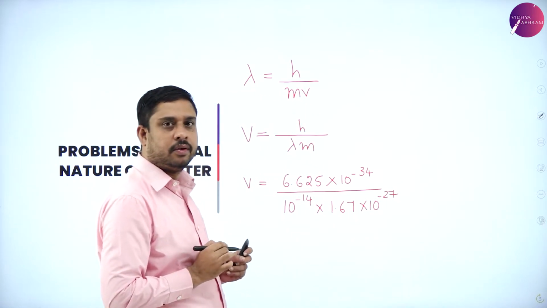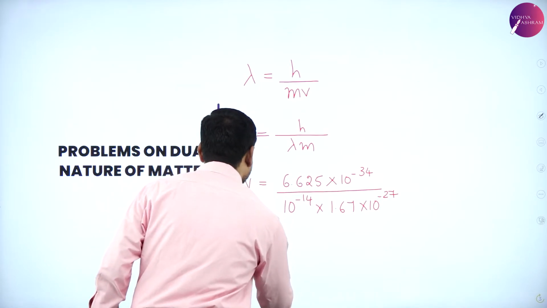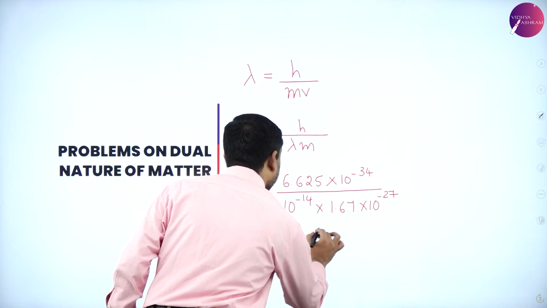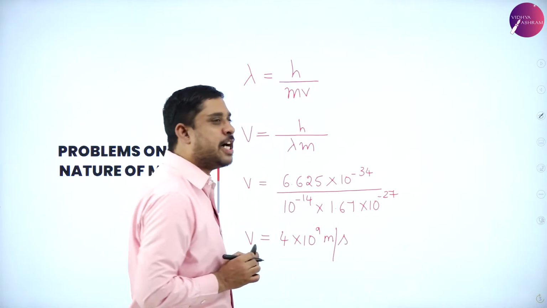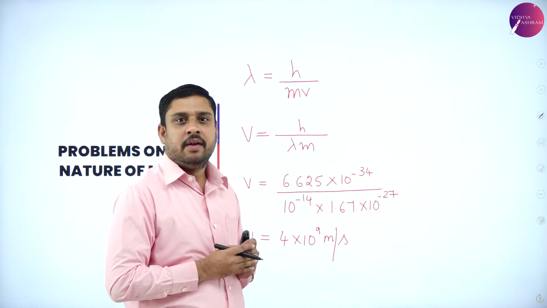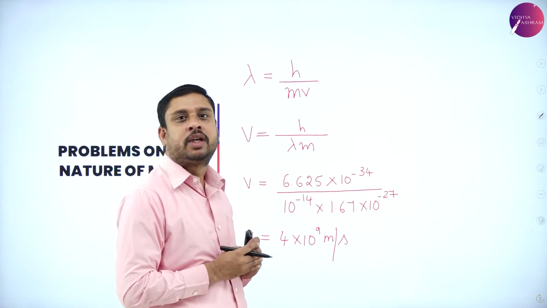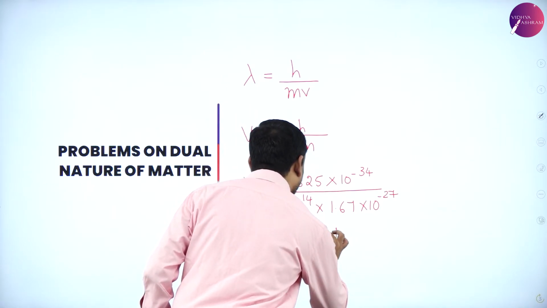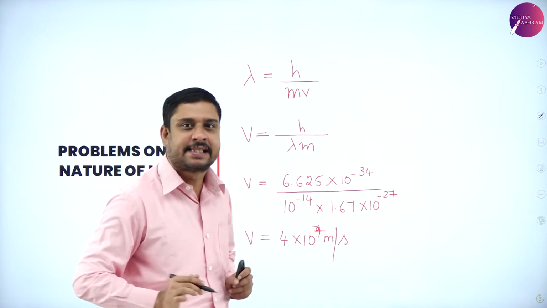On simplification, velocity turns out to be meter per second. So, first part of the calculation is done. Velocity of the neutron is found out, which is nearly 4 into 10 power 7 meter per second.